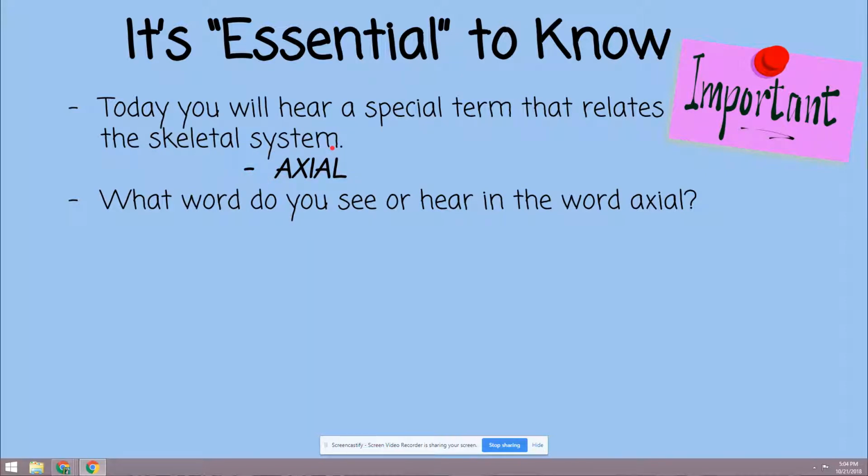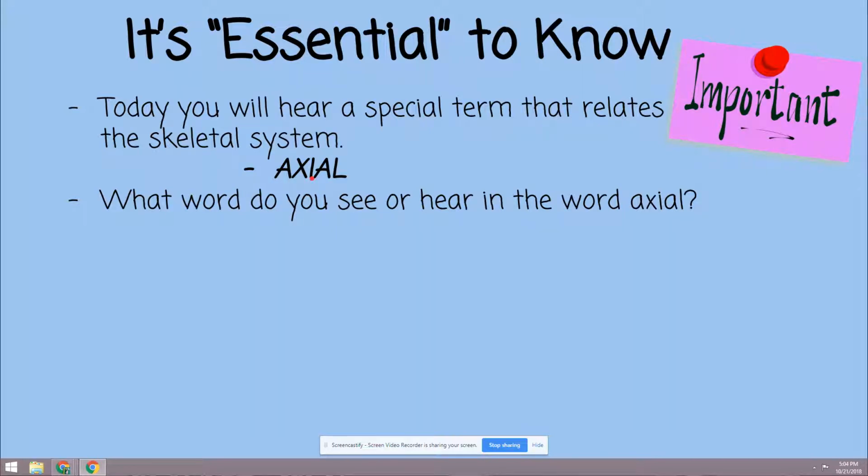If you think about when we have talked about Earth, we've talked that Earth has an axis. And an axis is an imaginary straight line that goes through the center of an object. And in the case of Earth, it goes through the center of Earth, and it can divide Earth into two parts equally.